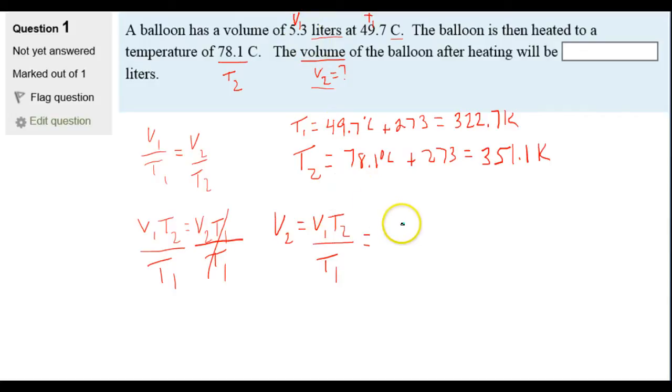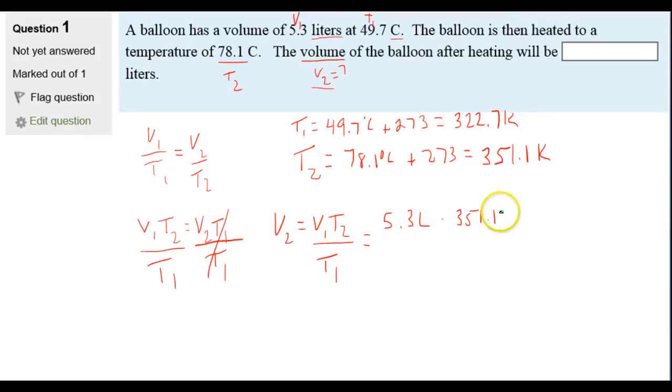In this problem, it says V1 is 5.3 liters times T2, which it says right here is 351.1 K. Let me erase this right here.